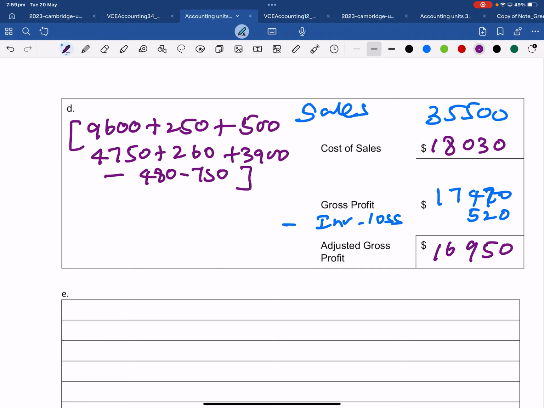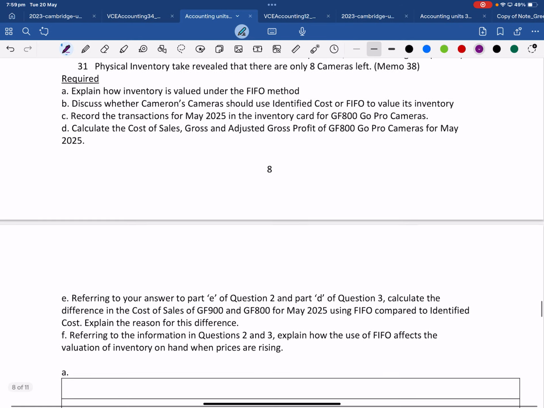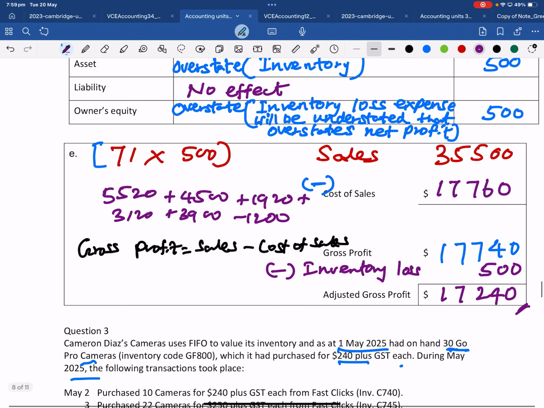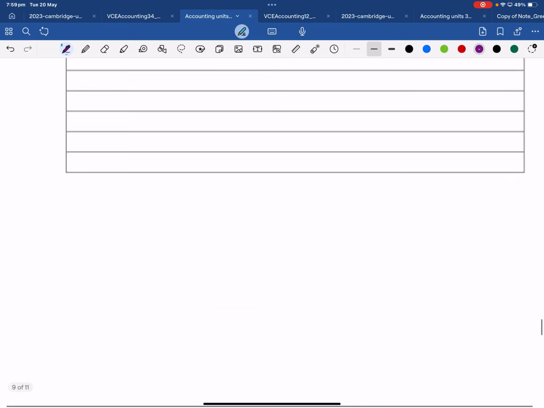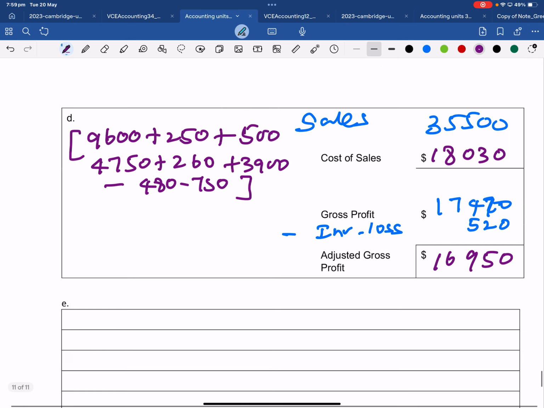No? Right. Then, okay guys, the adjusted gross profit will go into the income statement. This is a part of the income statement.